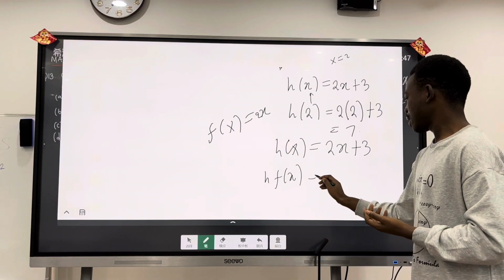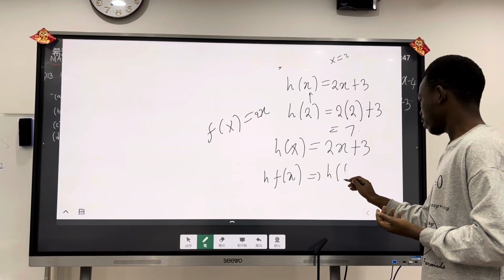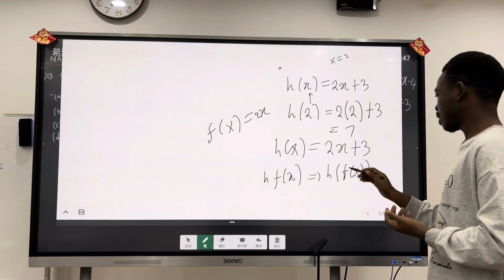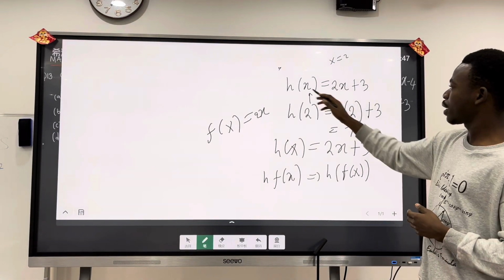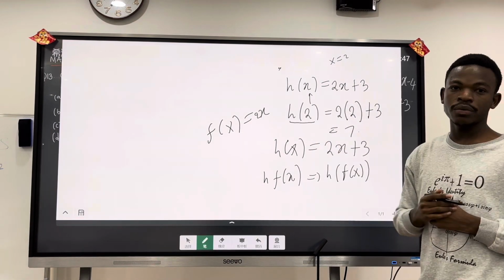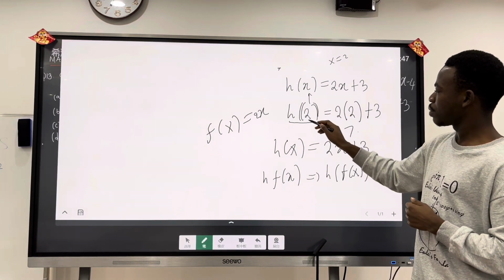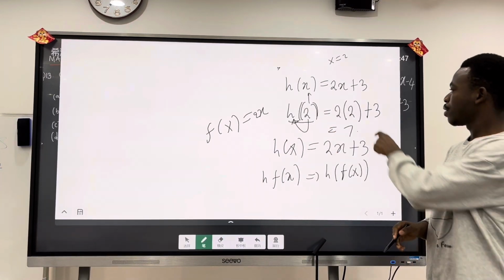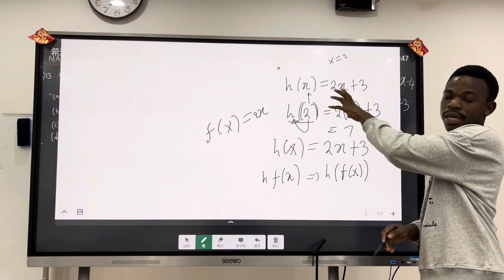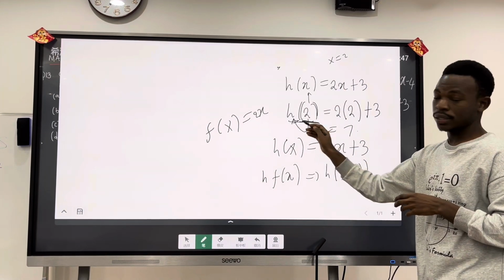It was easy for us to work out h of 2. What did we do? Whatever was inside there was being substituted in h, where there's x.